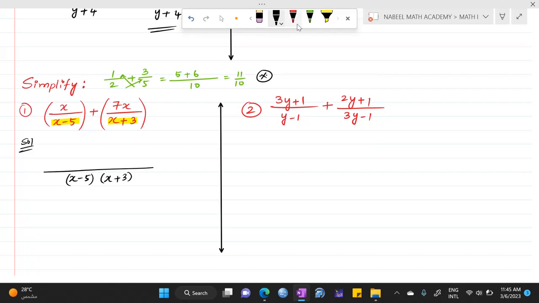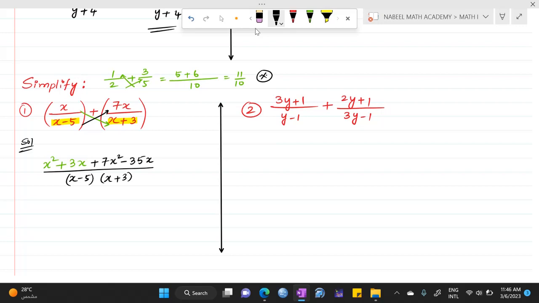When you cross multiply this part, I have to multiply x with each term. When you multiply each term, you get x square plus 3x. And the next one, I have to multiply 7x with each and every term. 7x into x is 7x square, then 7x into minus 5 is minus 35x.